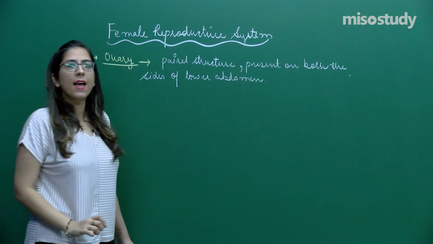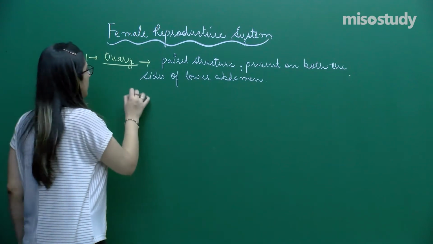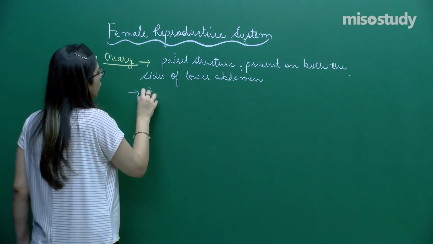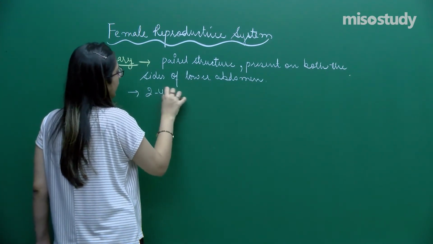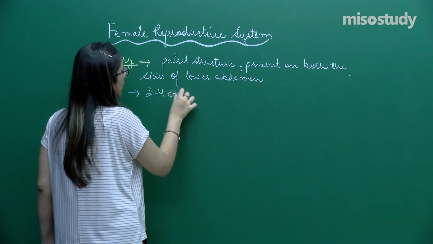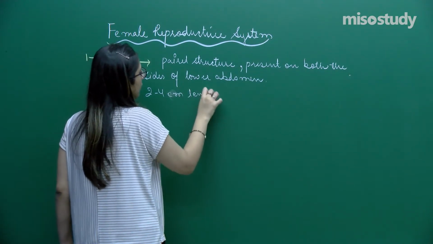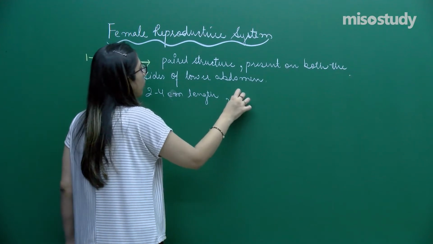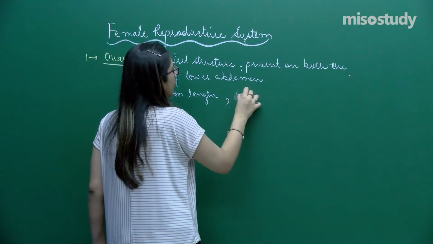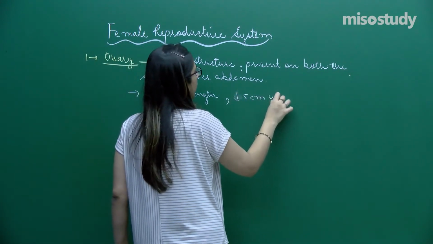When we see the exact dimensions, they are around 2 to 4 centimeters in length and around 1.5 centimeters in width.